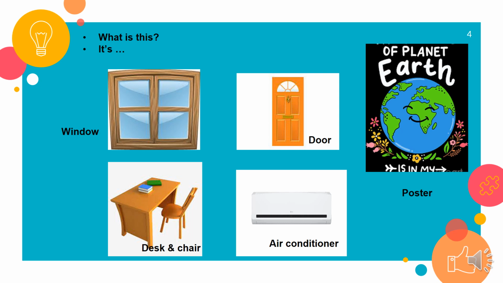You can see this is a window in singular, or those are windows in plural. Window singular, windows plural. Door. This is a poster. This is an air conditioner. This is a desk. And this is a chair.